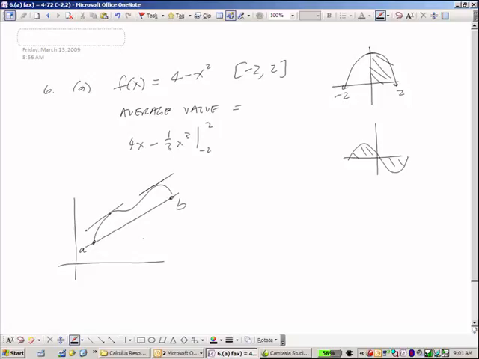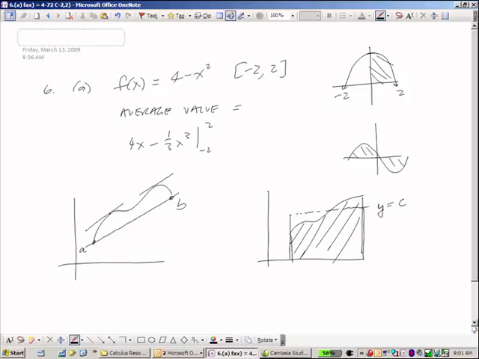Alright, the mean value theorem for integrals says, hey, if you find out that the average value for this function is some value c, there's an x value that actually is equal to the average value. There's some value in that interval that gives you the average value.